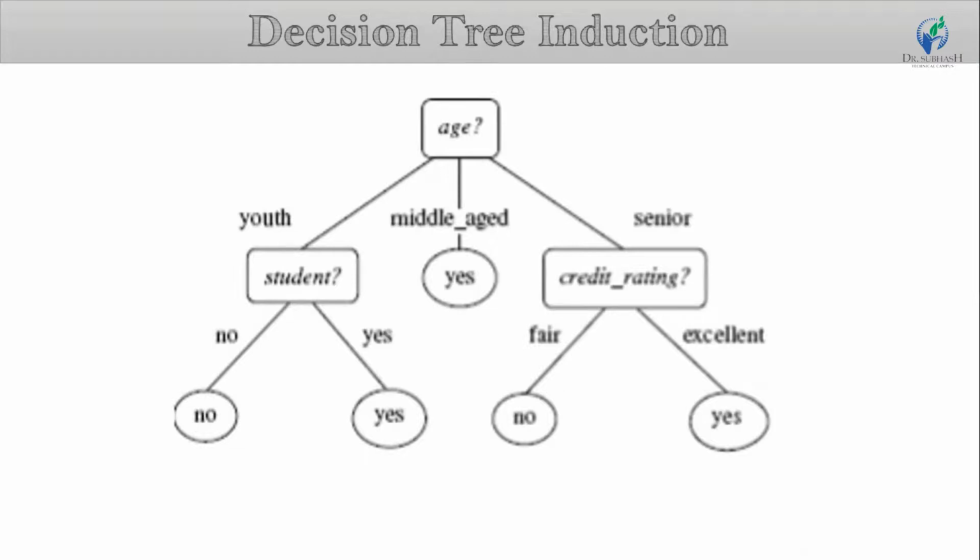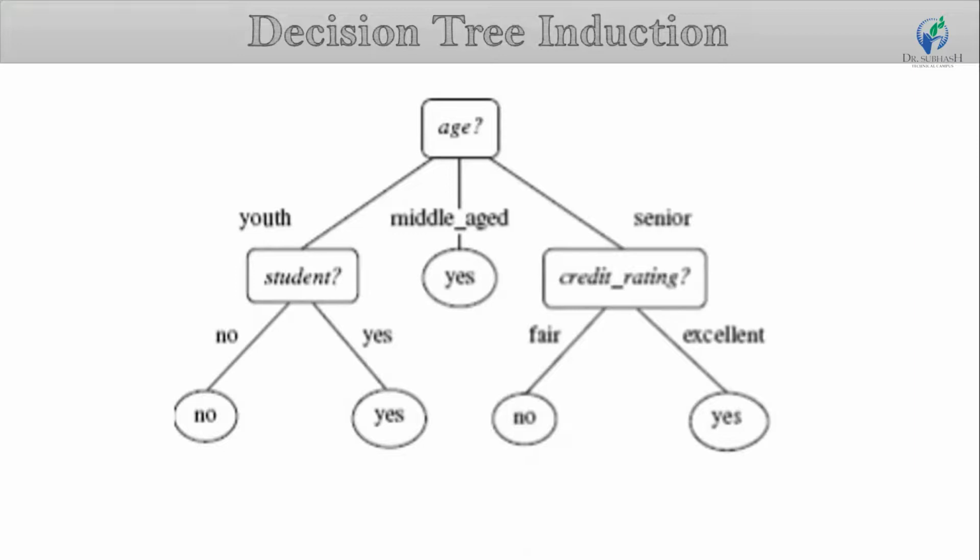In this example, internal nodes are denoted by rectangles and leaf nodes are denoted by ovals. Some decision tree algorithms produce only binary trees, where each internal node branches to exactly two other nodes, whereas others can produce non-binary trees.